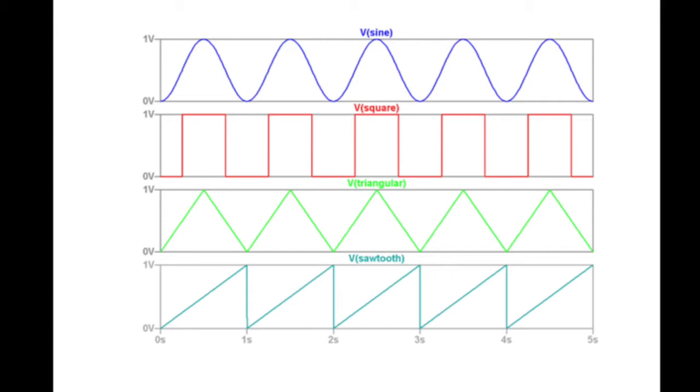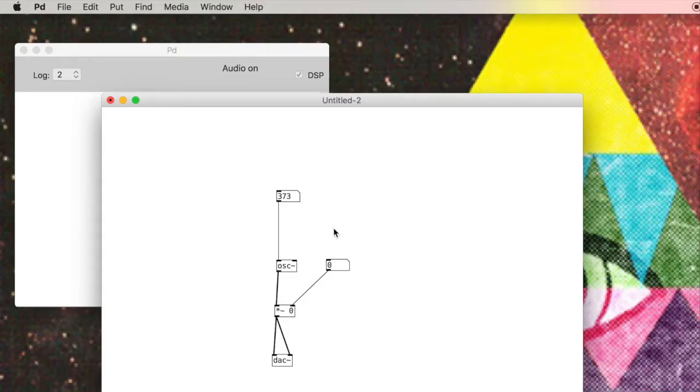So let's say we wanted to have a square wave. In Pure Data, we can do that by getting the phasor object. Let's just hear what that sounds like.